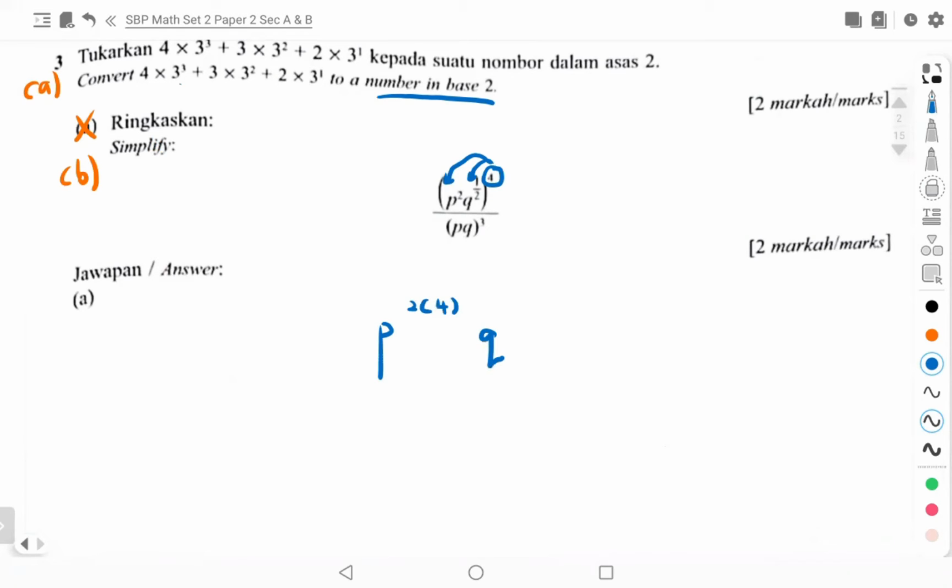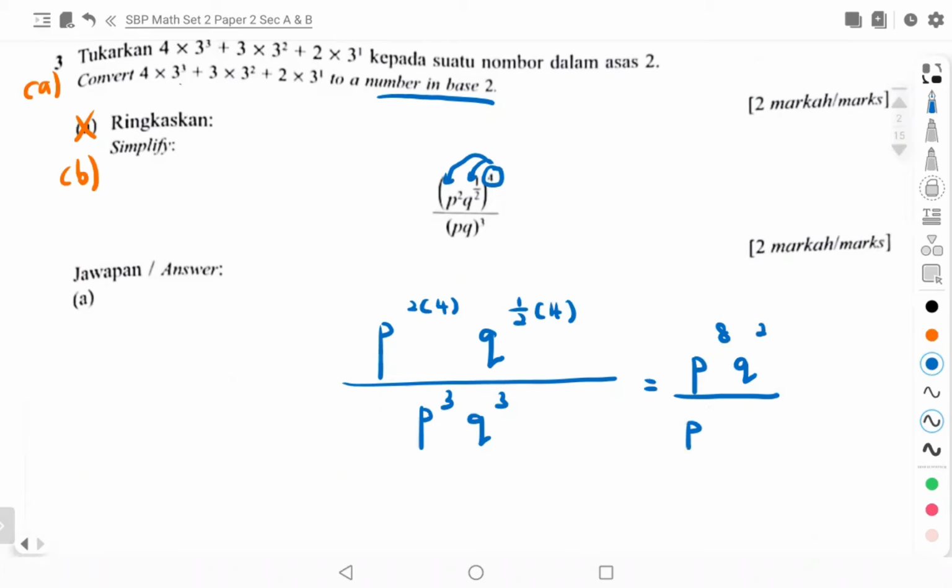Then 1/2 times 4 over p cubed q cubed. Then only you find the answer: p power 8, then q power 2. Division means you have to minus. 8 minus 3 is 5. So p power 5, q power negative 1.